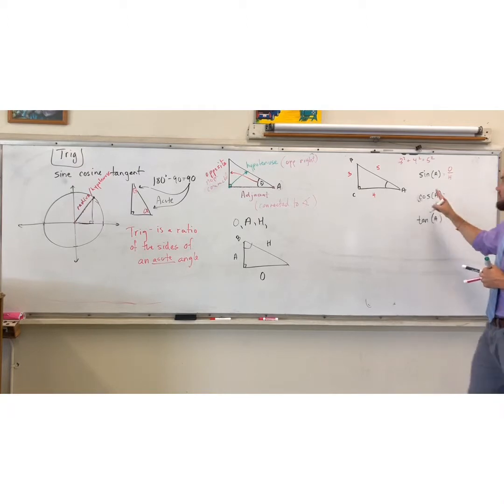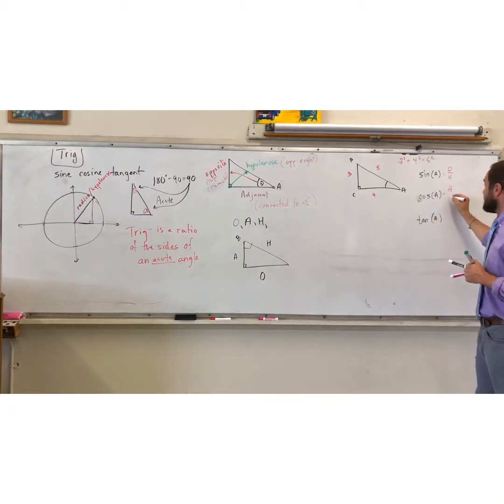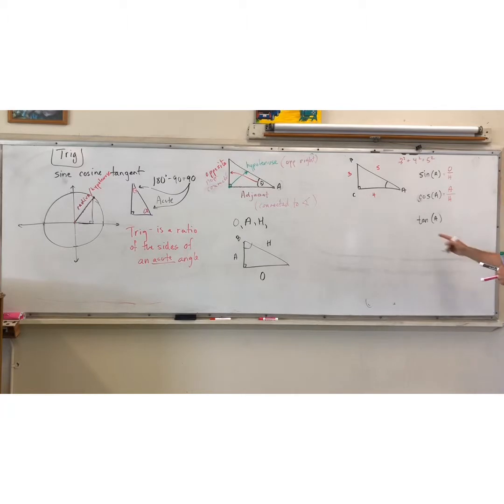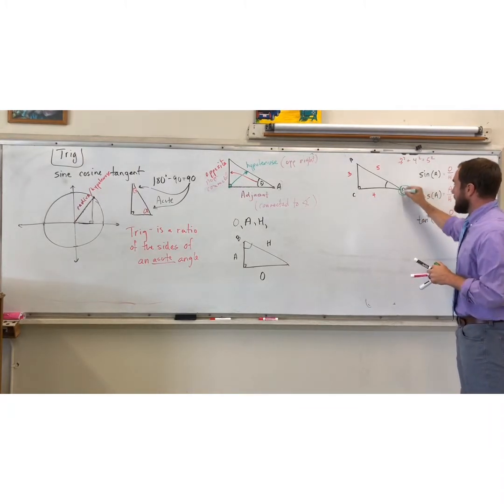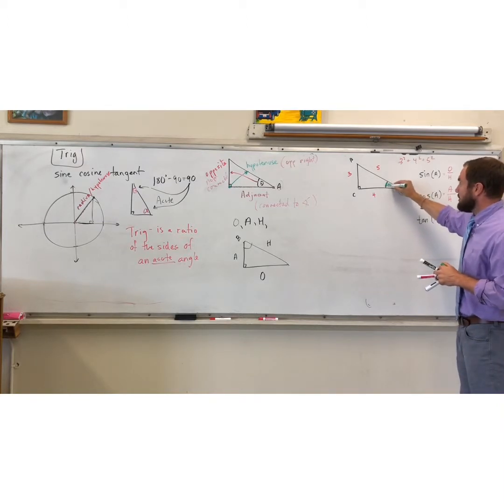Your cosine is going to be a ratio of your adjacent over hypotenuse. And your tangent is going to be a ratio of opposite over adjacent. Now, what I would do when working with these ratios is I would first look at the angle that they're giving me. Okay, I'm working in this angle here.